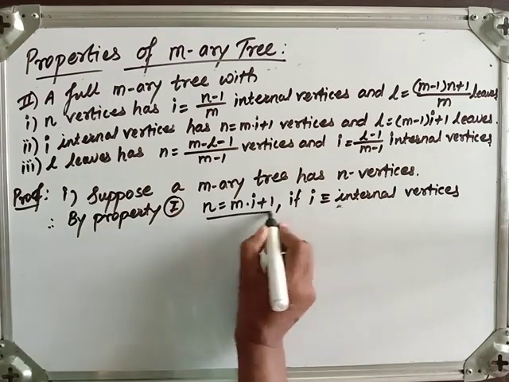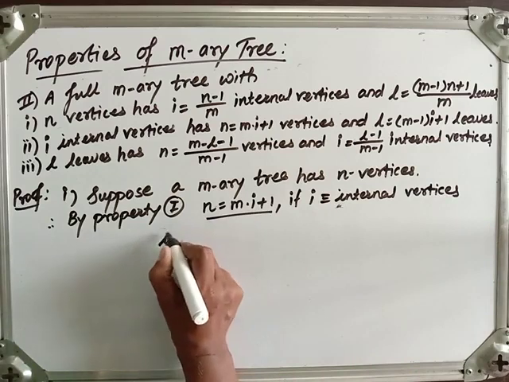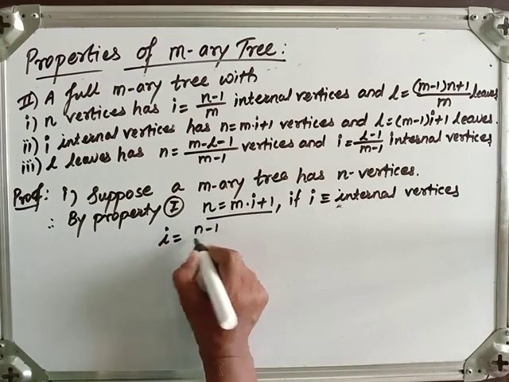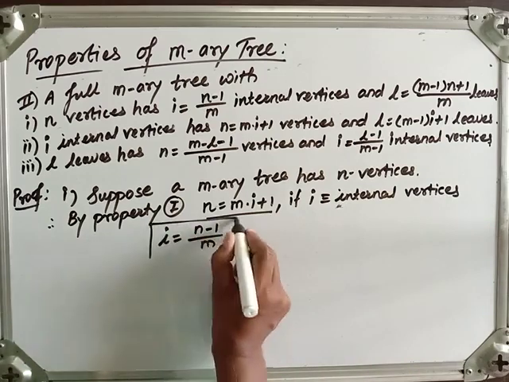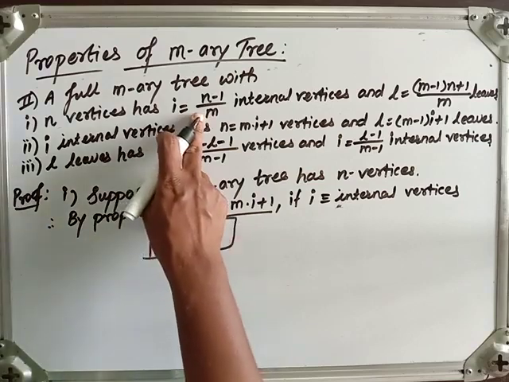Then from this we can easily write I equal to n minus 1 upon m. This is what we had to prove in the first one, for I.